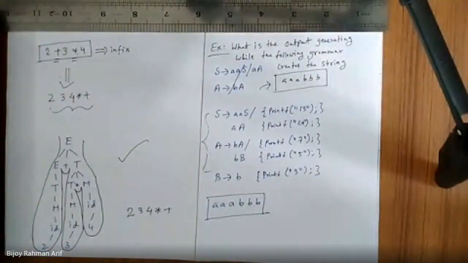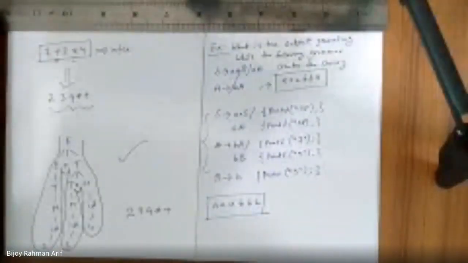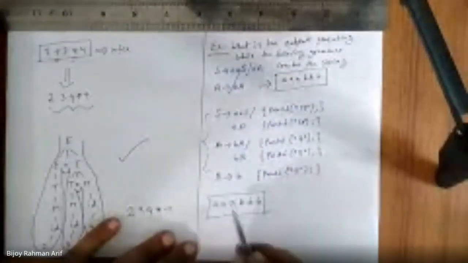What would be the first step? You have to draw the parse tree for this string. So what is the parse tree for AAS?